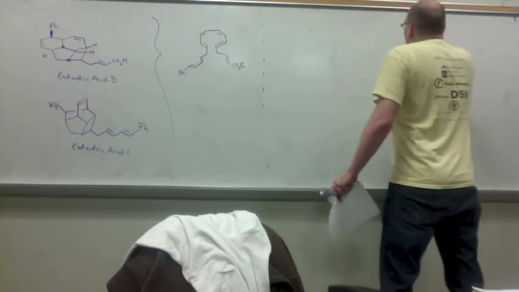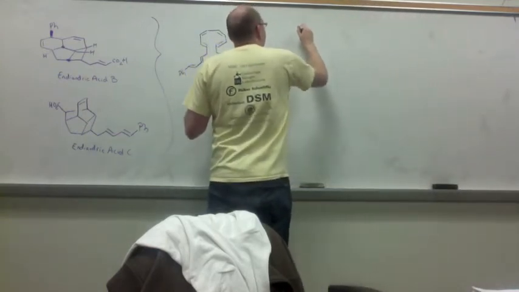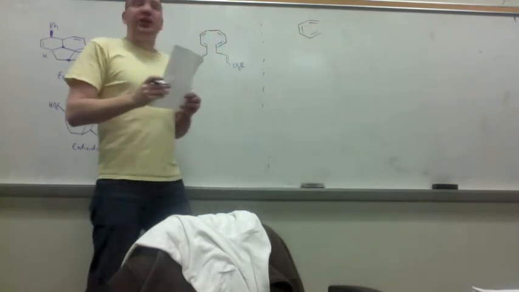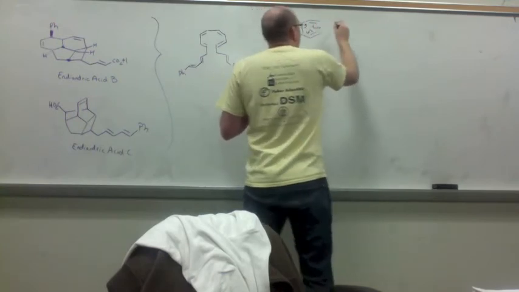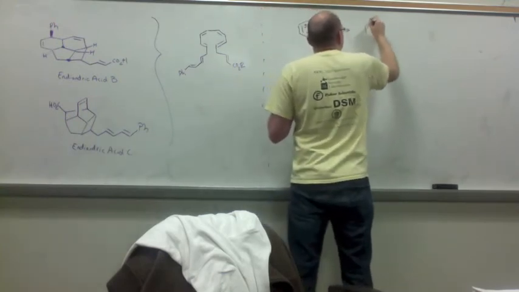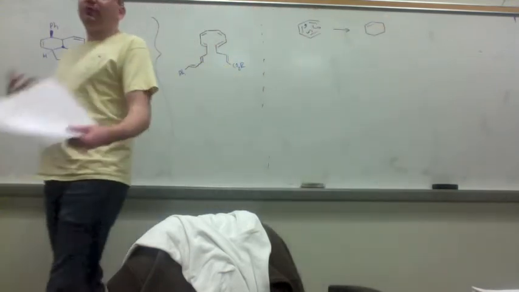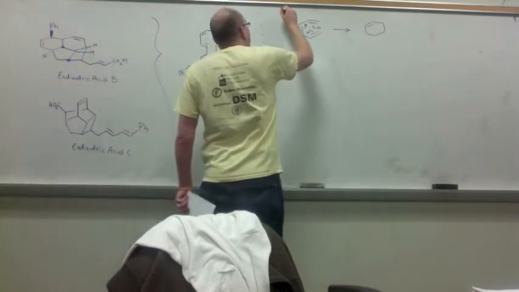So again, an electrocyclic reaction, this is a 6 pi electrocyclic ring closure, right, where you would go... it's kind of like a Cope, but with an extra pi system in there. So this is what we would call a 6 pi electrocyclic ring closure.